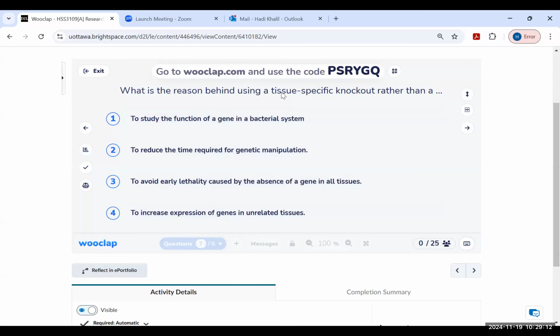What is the reason behind using a tissue-specific knockout rather than a conventional knockout?